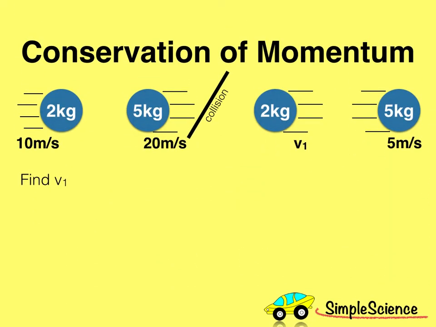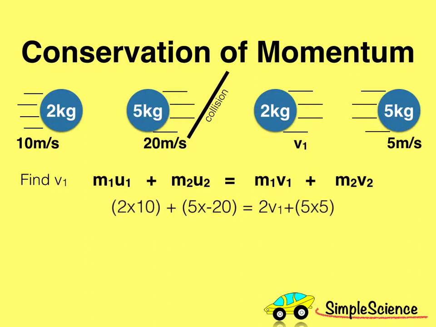You're asked to find v1. So you basically use the formula m1u1 plus m2u2 equals m1v1 plus m2v2. And you plug in the values, you get 2 times 10 meters per second plus 5 times negative 20, because the speed as indicated by the path is in the opposite direction, so it has to be negative.